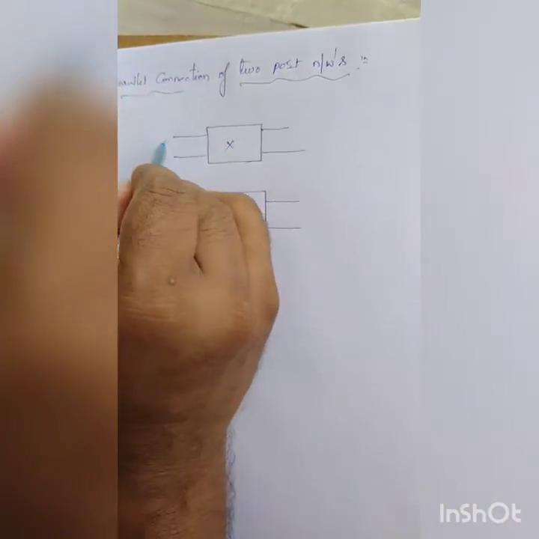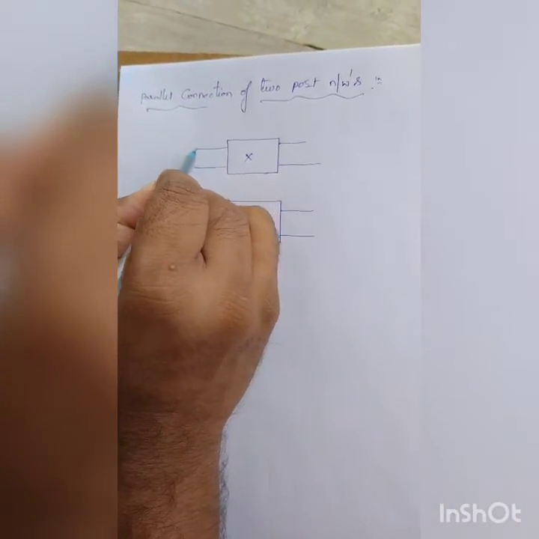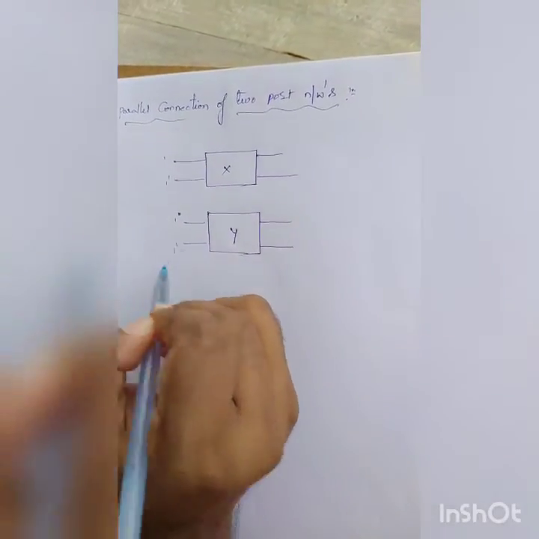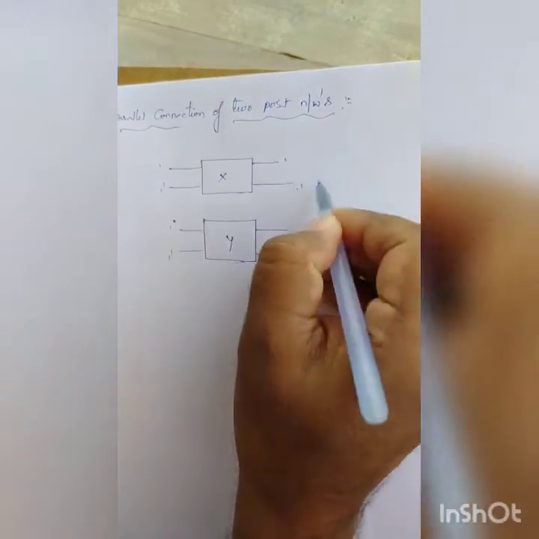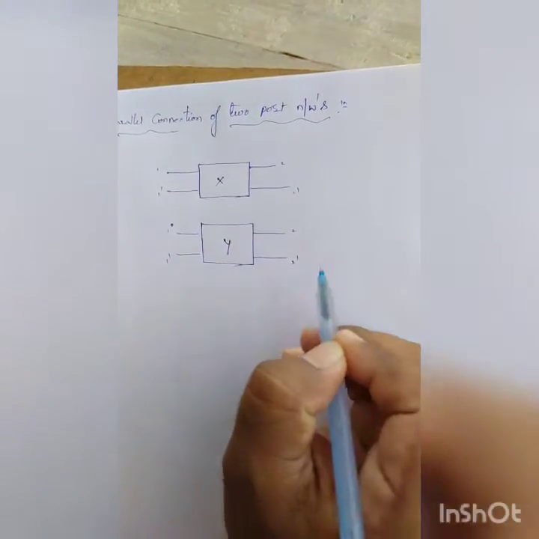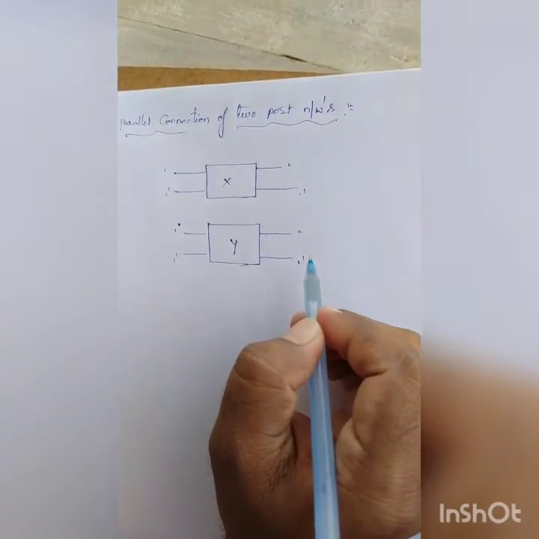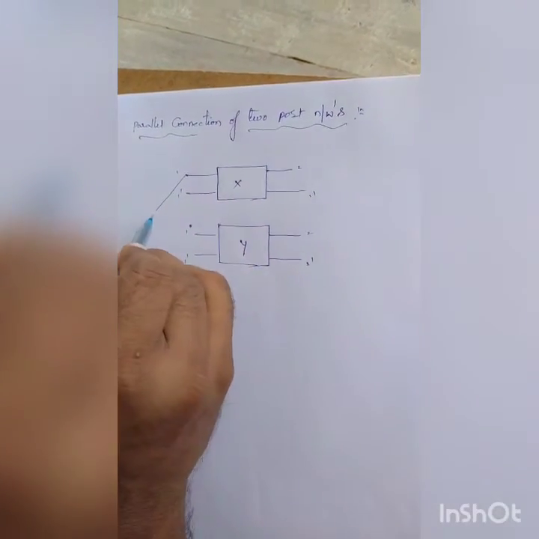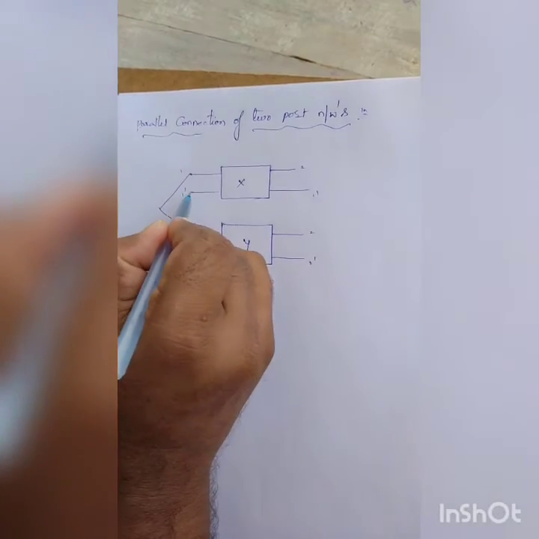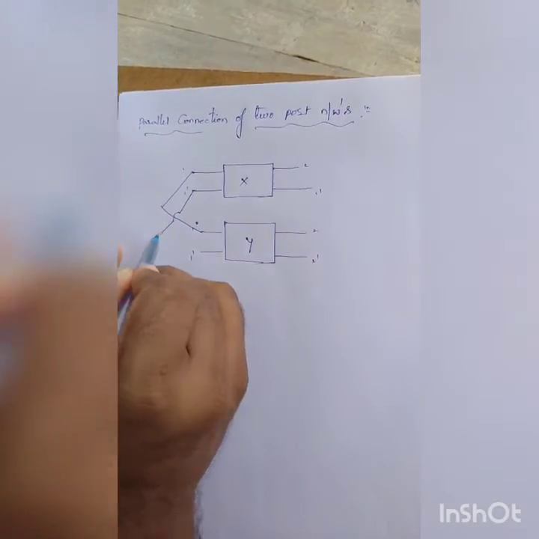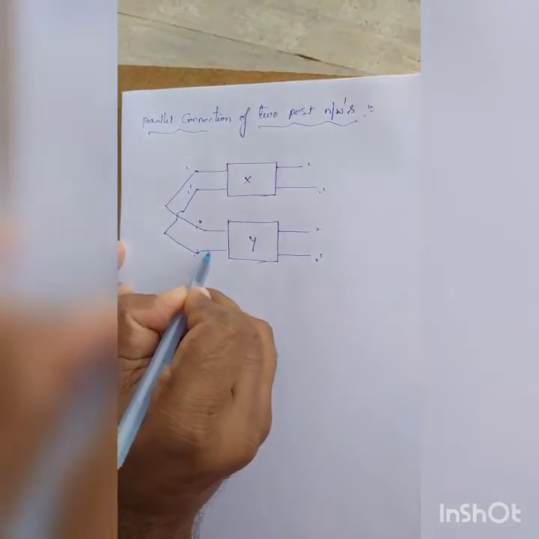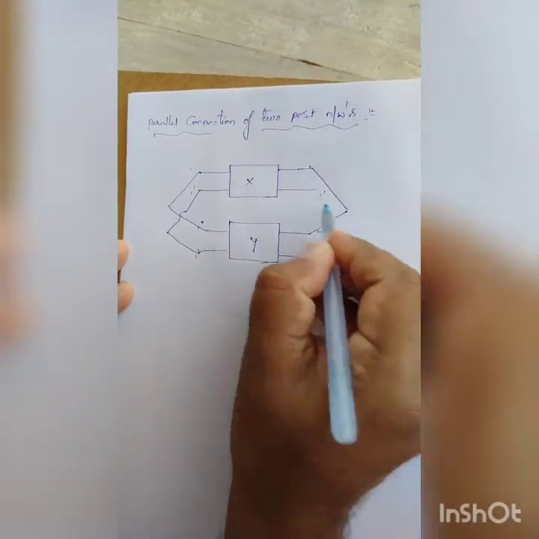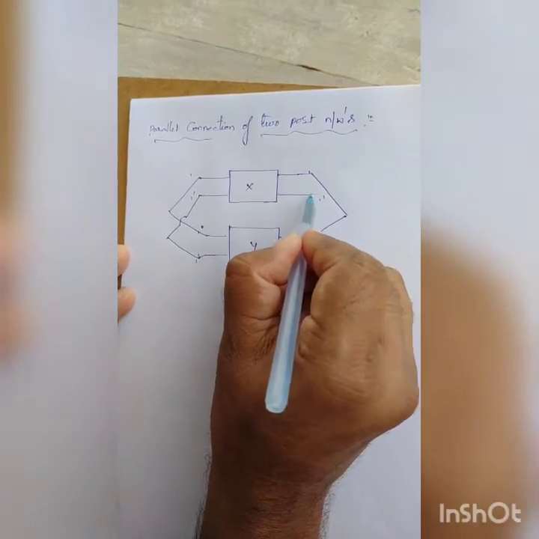The first one 1, 1 dash, 2, 2 dash. Now we connect the first 1 to 1, next 1 dash to 1 dash, and the same for 2 and 2 dash.